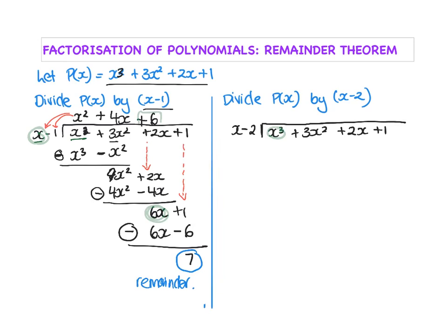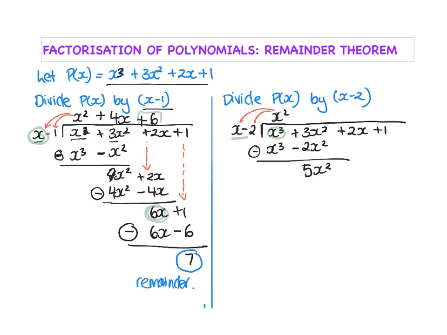So x cubed divided by x, what's the answer? x squared. Then you multiply it out. What do we get? We get x cubed minus 2x squared, and then we're going to minus it, so the leading term's gone, and then we've got 3x squared minus a minus 2x squared, which is 5x squared.